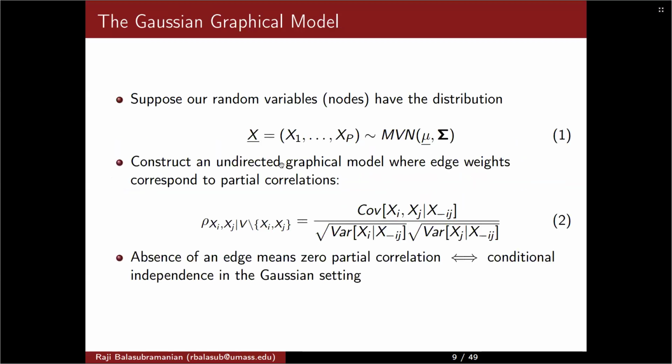Formulating the Gaussian graphical model using some notation, let's say we have P nodes in our network, so we have a vector of nodes. These are our random variables of interest. We assume they come from a multivariate normal distribution. There is a mean to characterize that distribution and a corresponding P by P matrix, which is the variance-covariance matrix.